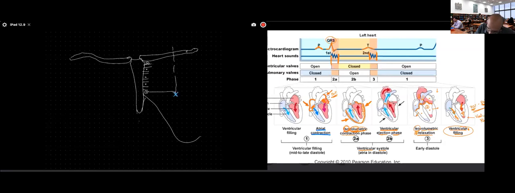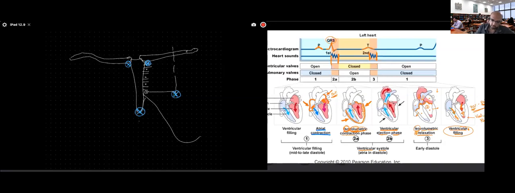All right, so on the chest of the patient, there are favorable sites for you to be able to hear the different valves to detect which one is going to be producing the abnormal heart sound.